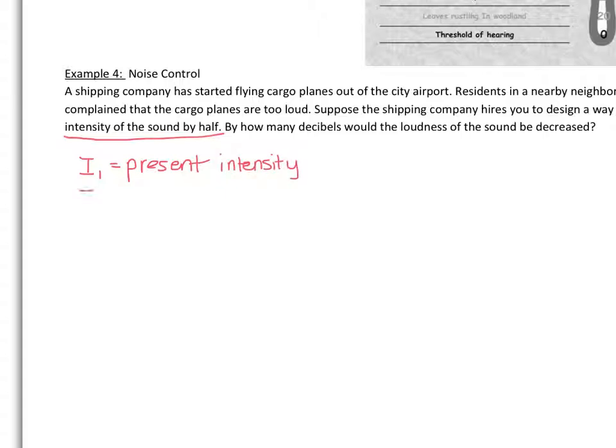And then intensity 2 will be our reduced intensity, the one we want. L1 will be present loudness, and L2 will be reduced loudness.